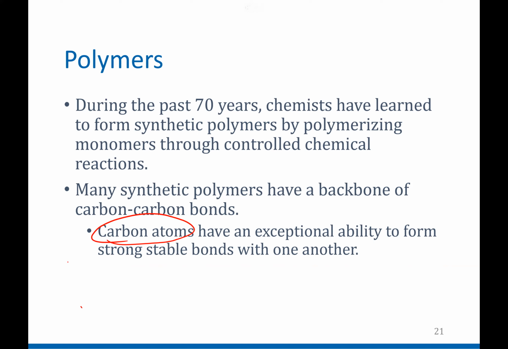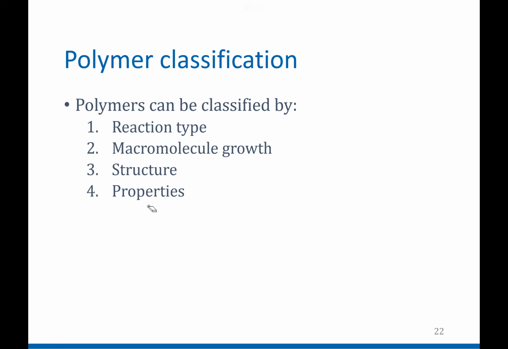It has such an exceptional ability to form so many strong and stable bonds in so many different combinations: alkanes, alkenes, alkynes, rings, aromatic rings. It's like the ultimate building block, which is why organic life is so diverse. Living things are made up of carbon, but no two things are even remotely the same. It's incredible. We could talk about it for a long time, but I won't get into it.